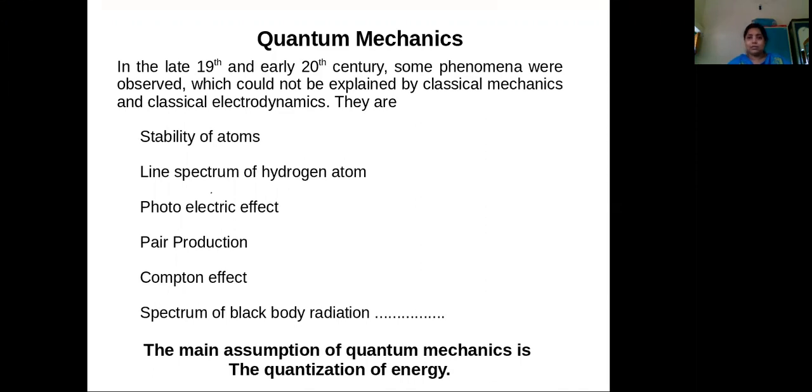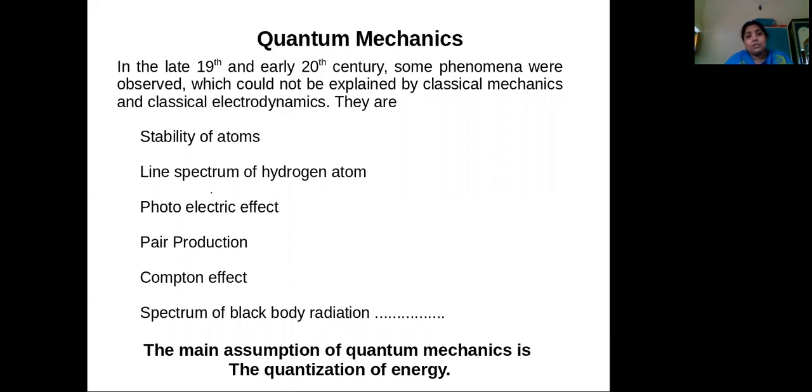So this was Rutherford's model, but it was faulty, as you already know, you have studied in 10 plus 2, because if the electrons rotated in any orbital, then what happens?